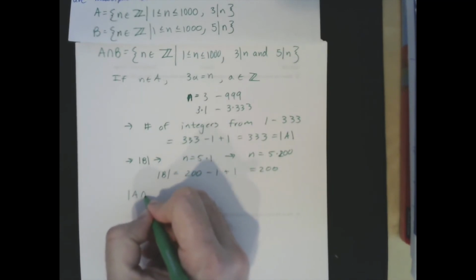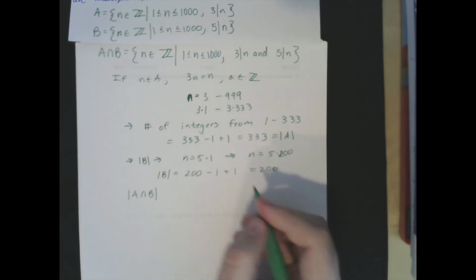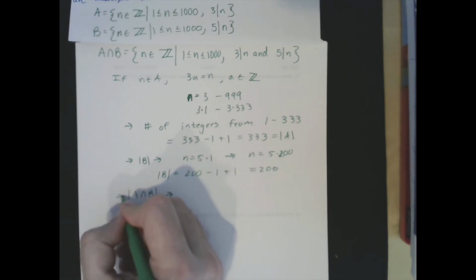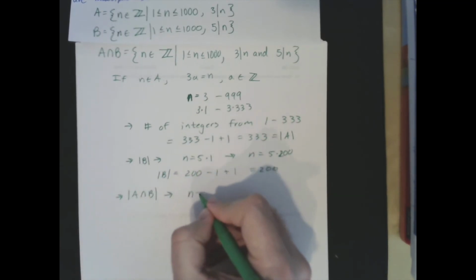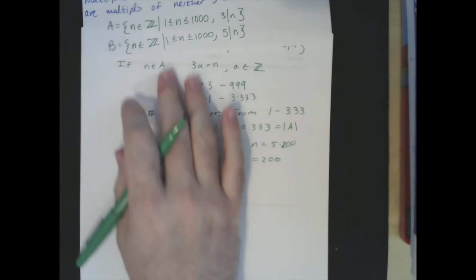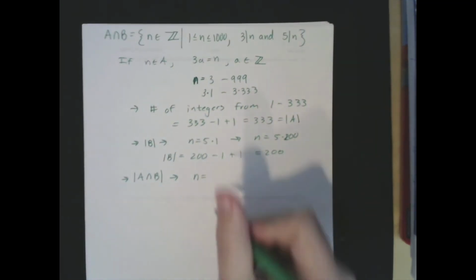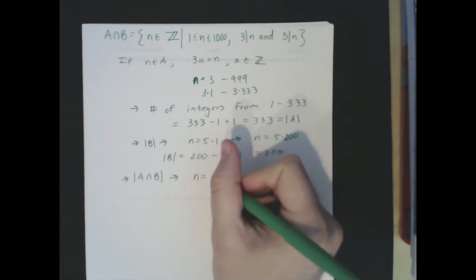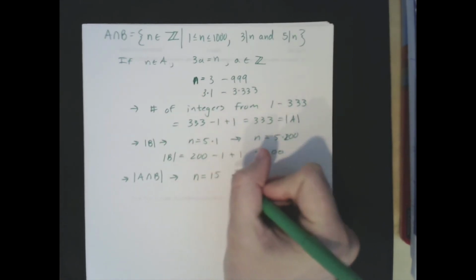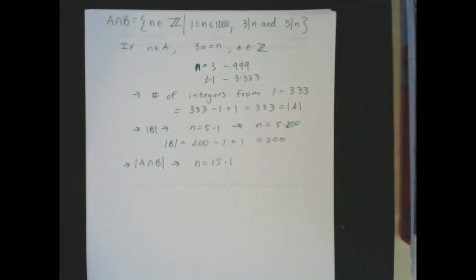And the size of A intersect B, well, we start with the first possible choice. The first possible choice in A intersect B, I already said it, is 15. So it can be 15 times 1. And since this is the smallest number that is divisible by both 3 and 5, every other multiple of 3 and 5 together will be a multiple of 15.